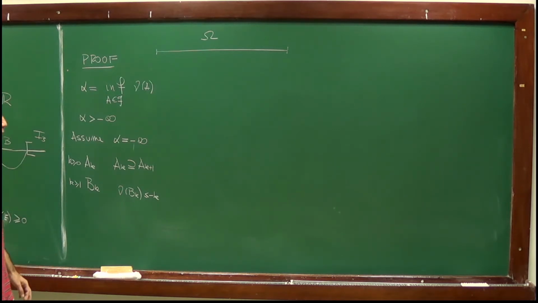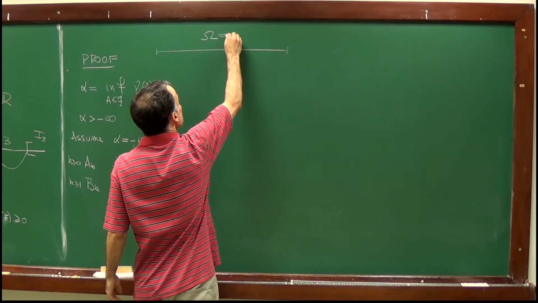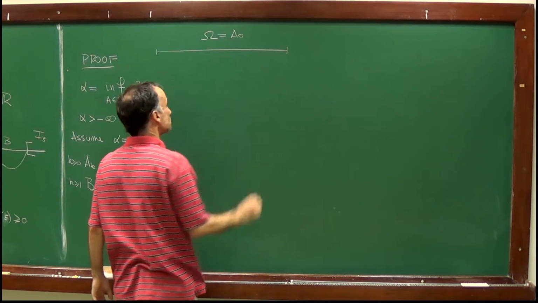So let's start our construction. I will first declare A_0 to be equal to omega.